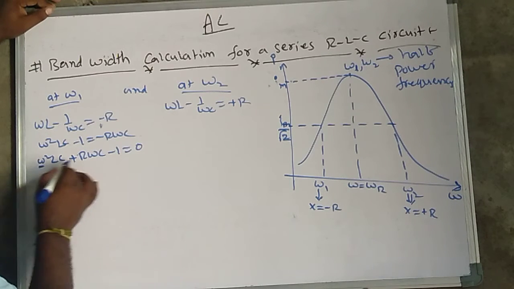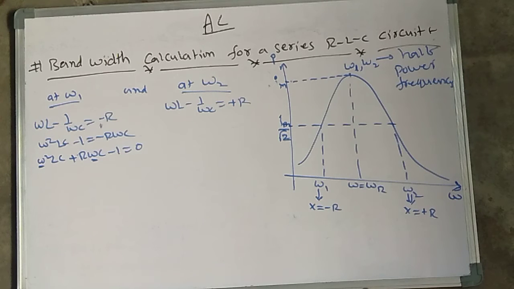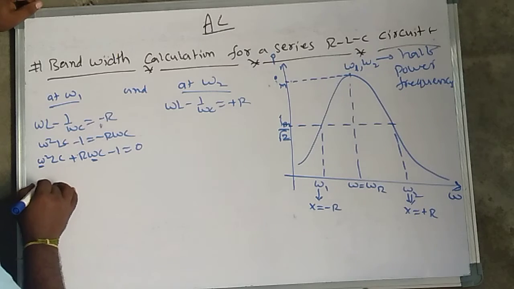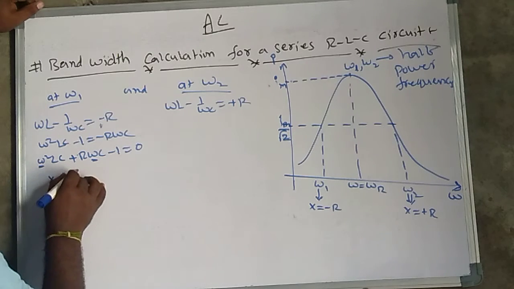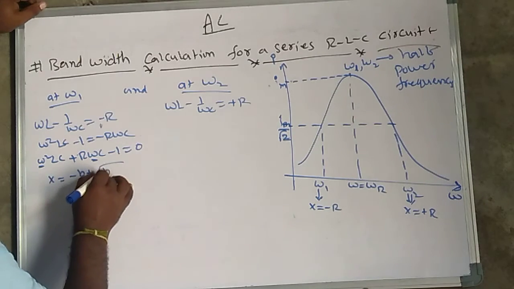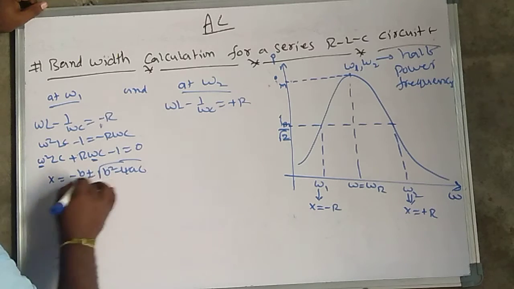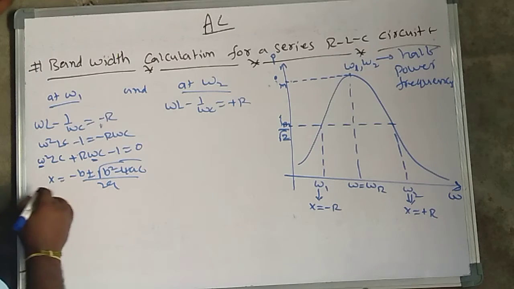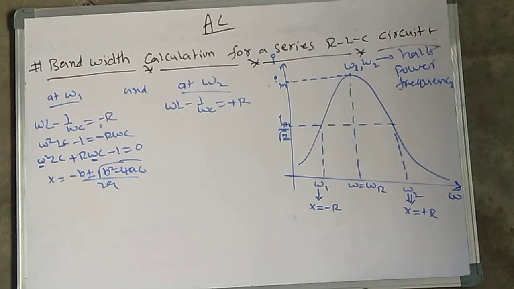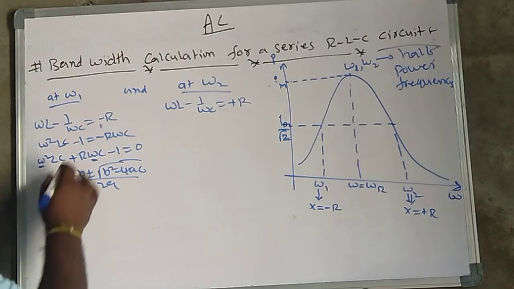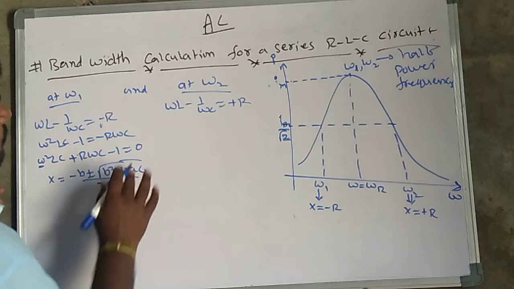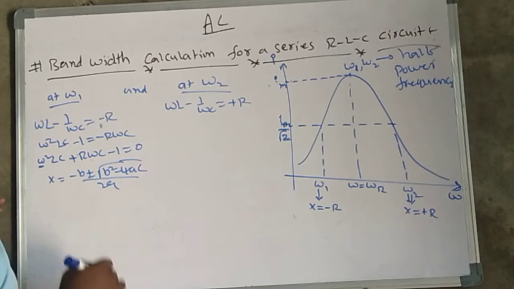This is a quadratic equation in terms of omega, so I am going to write the formula directly. In a quadratic equation, x is equal to minus b plus or minus root of b square minus 4ac divided by 2a. Here a is LC, b is R omega C, and c is minus 1.